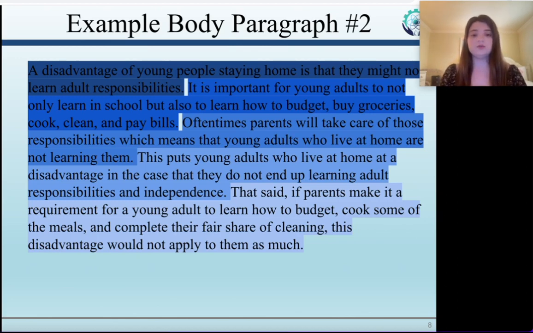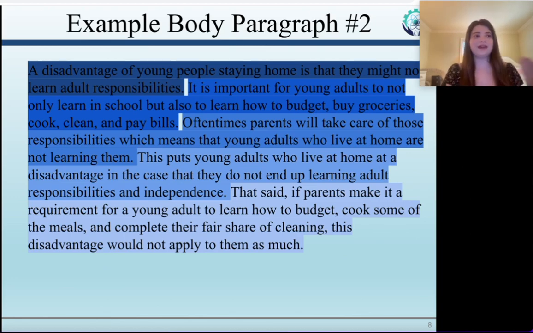Then it goes into an example. So oftentimes, parents will take care of those responsibilities, which means young adults who live at home are not learning them, right? So this is kind of going back to the main point of suggesting that maybe the young adults aren't learning these key skills and adult responsibilities that we explained earlier if they're just living at home.